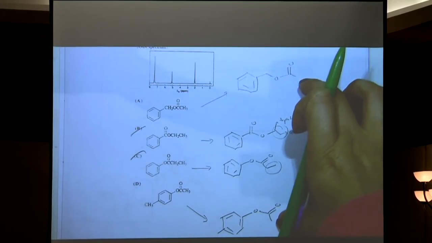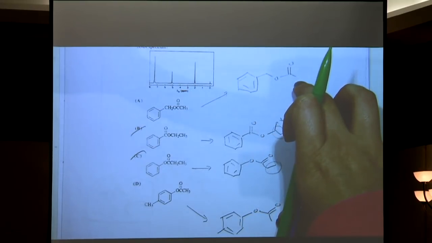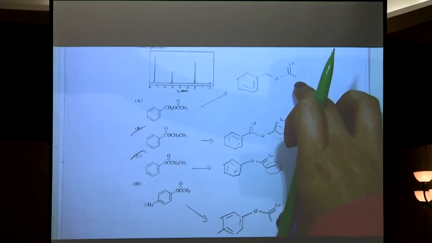So now what we have to look at is shielded and de-shielded. If we look at the hydrogens on these, this one's further away from the ring.